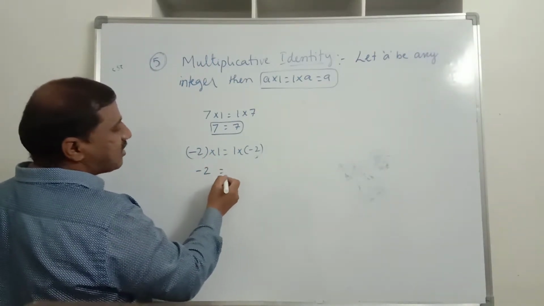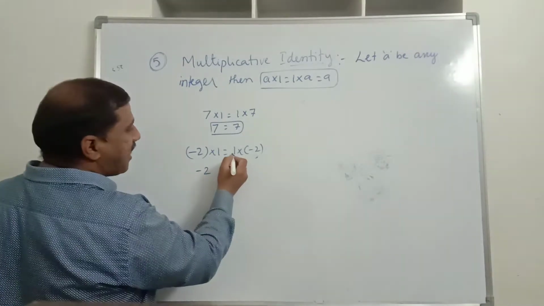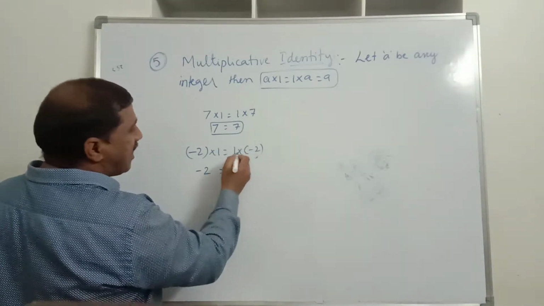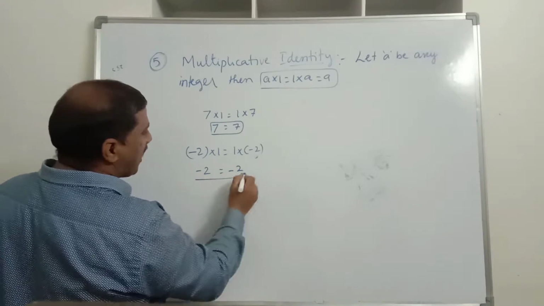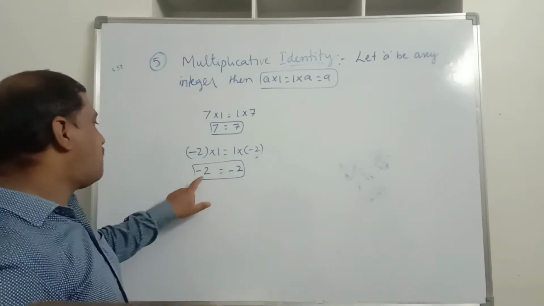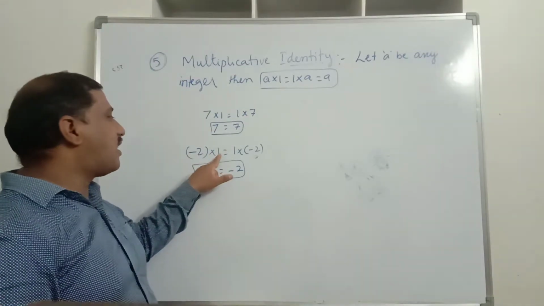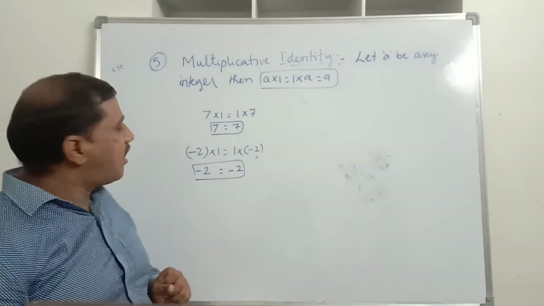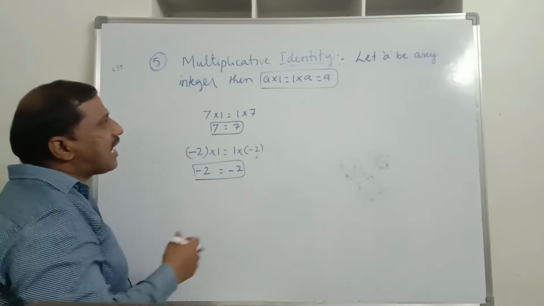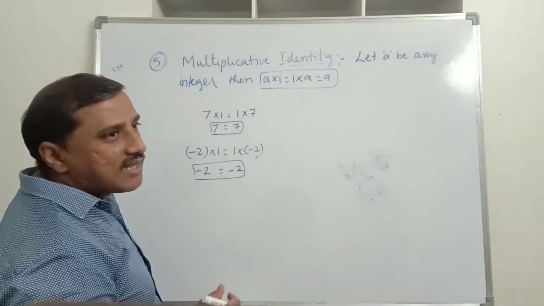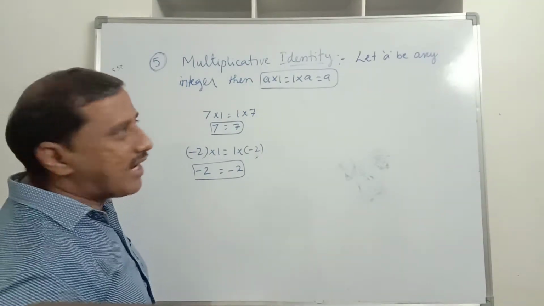We get minus 2 on both sides. Like this, if you take n number of examples, we get the same number as the product.